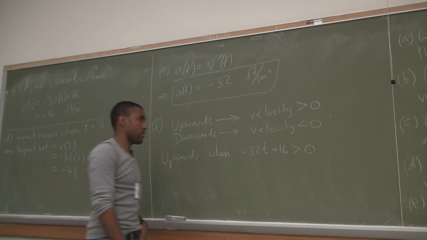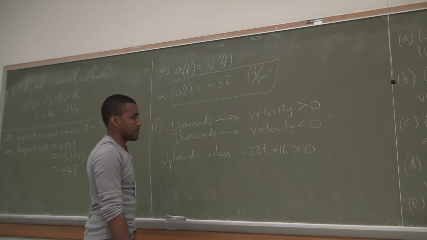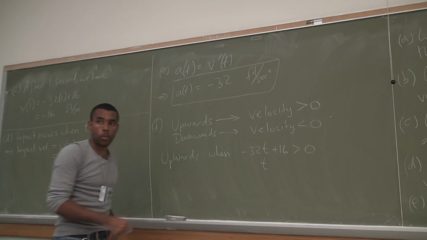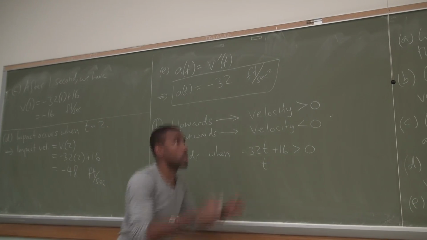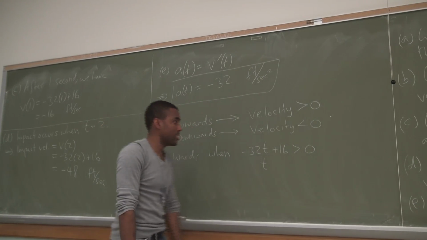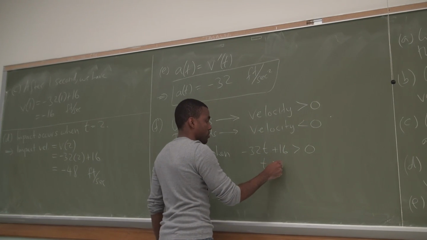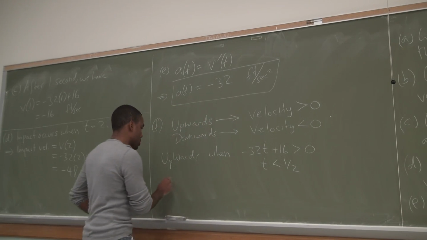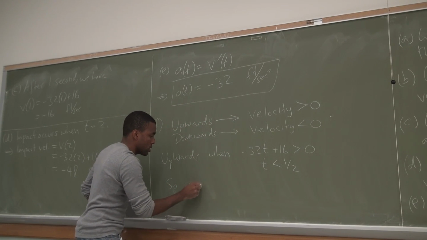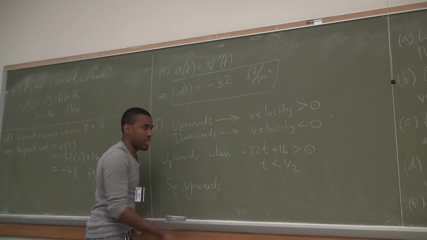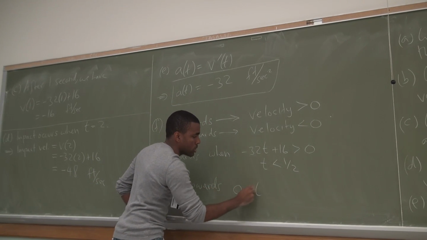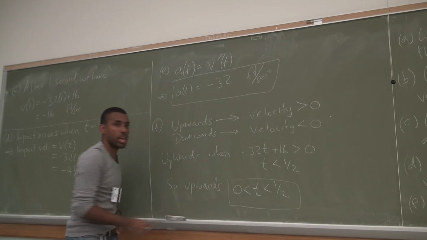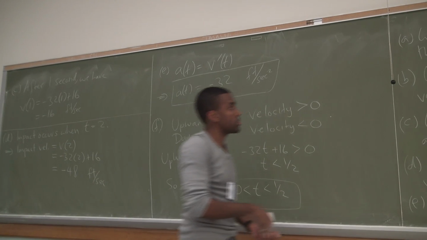And when does that happen? Wait, so he's falling upwards? Right, when you drop the ball. He's on a platform. He jumps up and then he falls down, right? It has to be t less than a half. Of course we're starting at time 0, so he's going upwards on this interval of time. Between t equals 0 and a half second, he's traveling upwards.